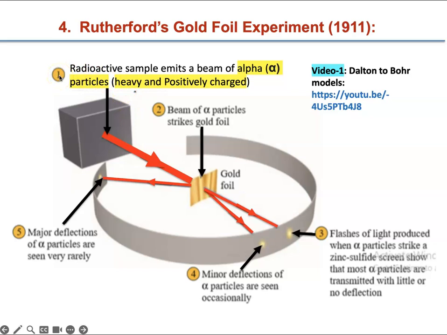First, the radioactive sample emitted a beam of alpha particles that is heavy and positively charged, and the majority of it went right through the gold foil. And 99% of it produced flashes of light right on the opposite side, on the zinc sulfide screen, showing there was no deflection as he expected.